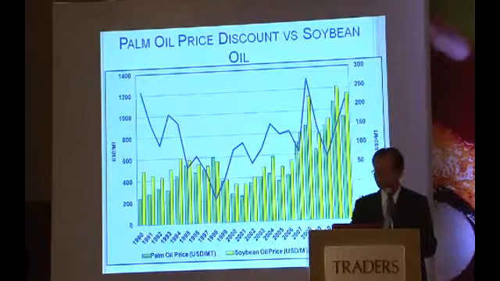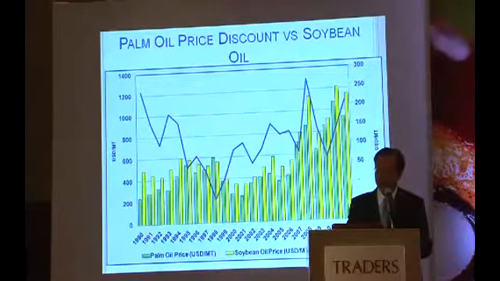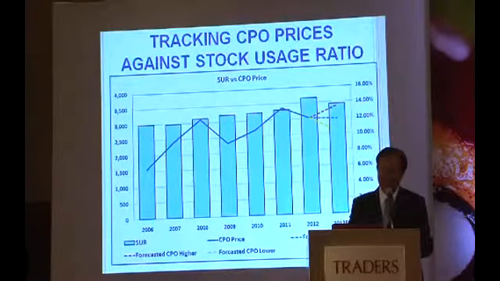This discount, in the blue line, is indicating up to $250 per ton lately to soya. So if we look at how price will evolve, we always monitor the stock usage ratio for world supply of oils and fats.